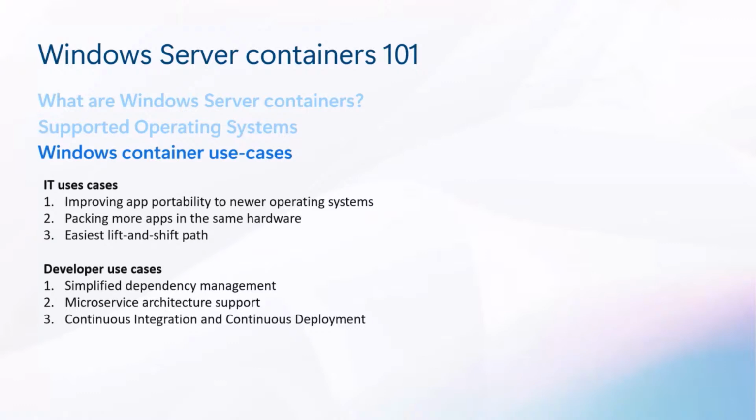On the use cases side, we see both IT and engineering use cases for Windows Server. We touched on IT, but to summarize it together, there's the angle of controlling your costs by running fewer OS instances, running more apps on the same hardware, so increasing utilization, and doing the lift and shift path of existing apps to Windows containers.